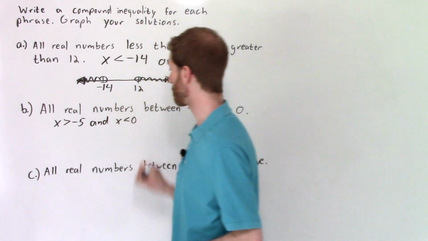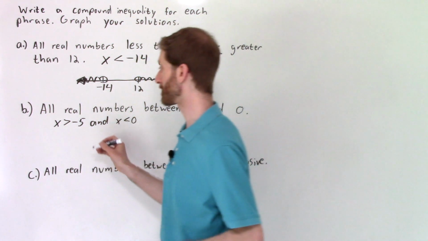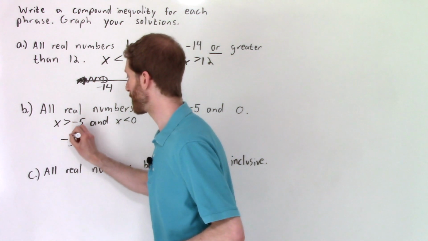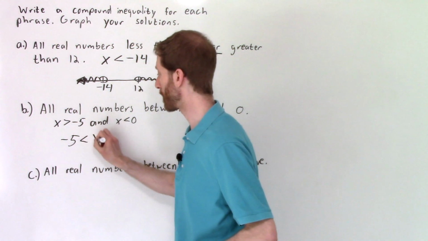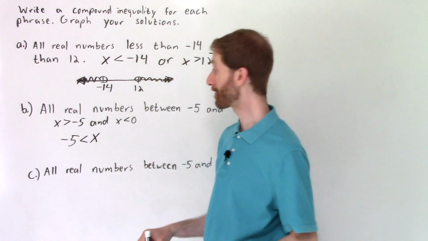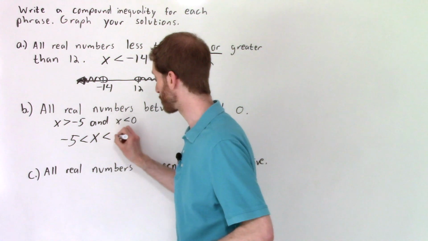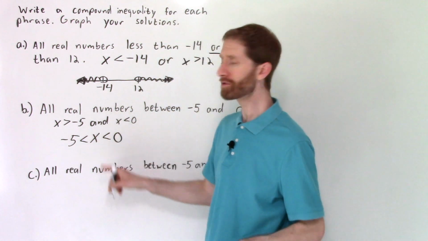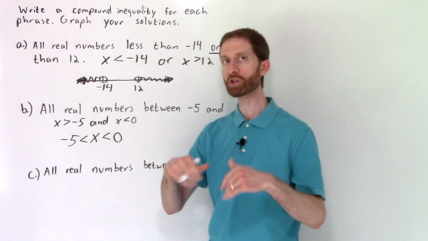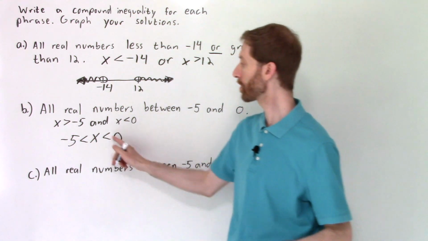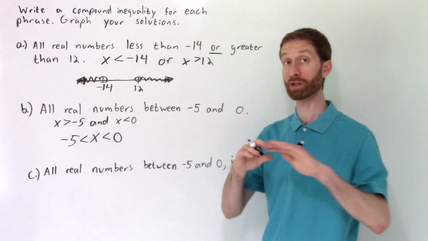You could write it that way. We could also write it, and this is how I like to do it, combining them. -5, if x is greater than -5, you can write it this way as well. X is greater than -5 and x is less than 0. And it gives you that idea that x is between -5 and 0. Again, we don't include -5 and 0, so no or equals to, because it's just a number strictly between them.